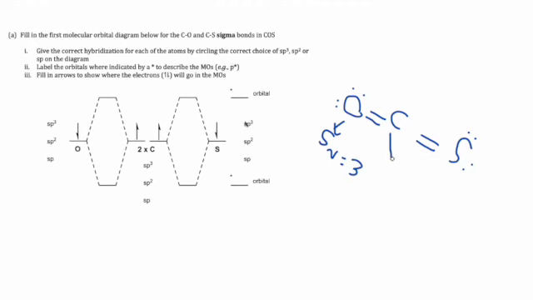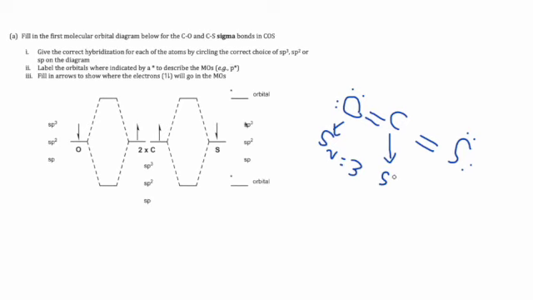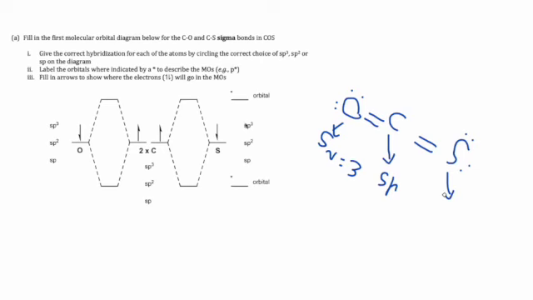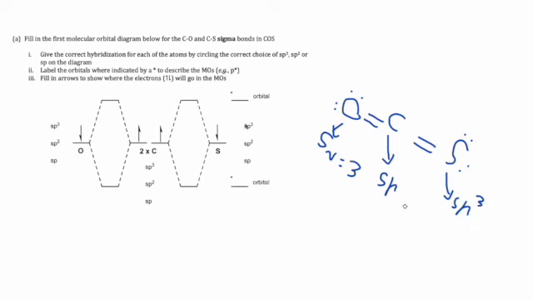For the carbon over here, you have only 2 sigma bonds and no lone pairs, so that should be sp because the steric number is only 2. And for this sulfur over here, you have 1 sigma bond and 2 lone pairs, so this should again be sp3 in this structure for carbonyl oxysulfide, right?